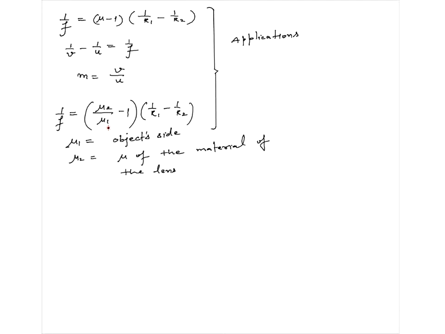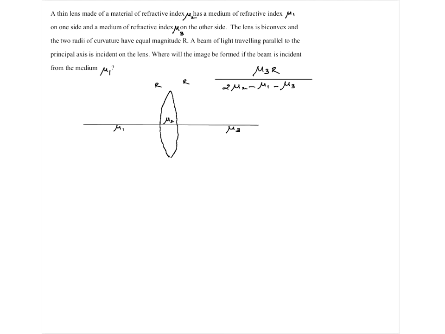Now that means that we can't use this result for this question because of the difference. So that result is not valid for this case. That result is valid if you have mu1 and mu1. They should be the same for that result to be applicable.